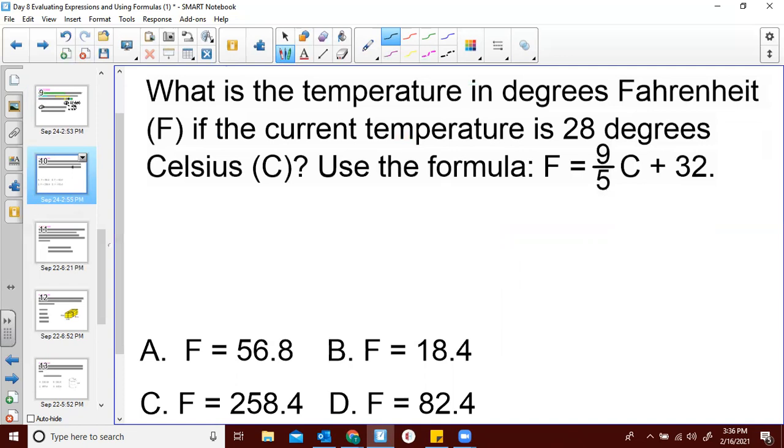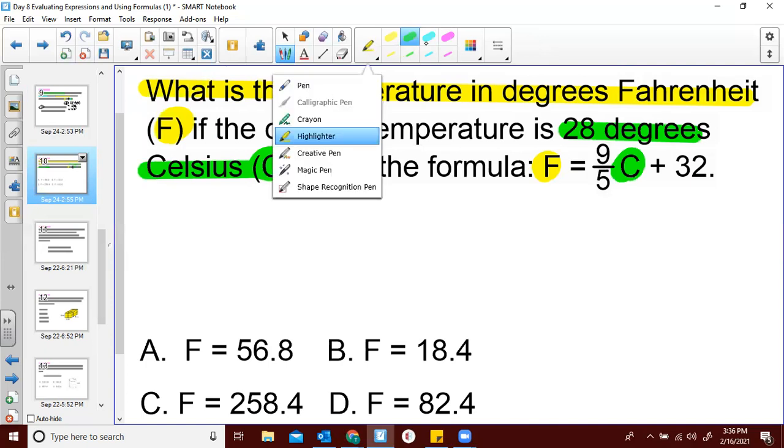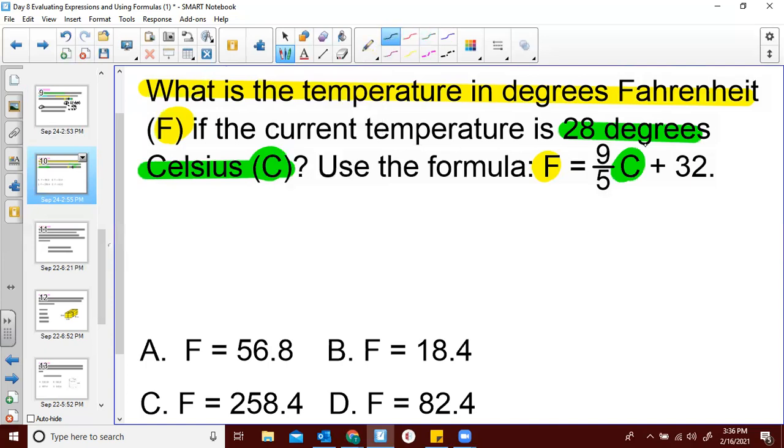All right, what's the temperature? Highlight it out in degrees Fahrenheit. So that's our question. What's our temperature in degrees Fahrenheit? We have F. If the current temperature is 28 degrees Celsius, which is C, and that's what we have C. So in Desmos, you could just write this formula out. If you use a capital C here, make sure you use a capital C to plug in your 28.